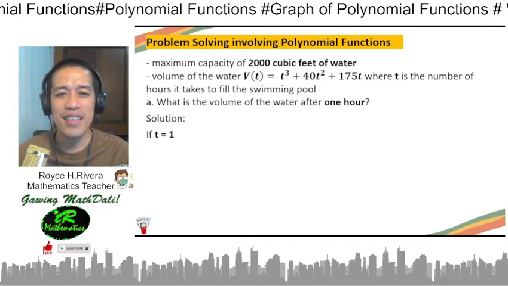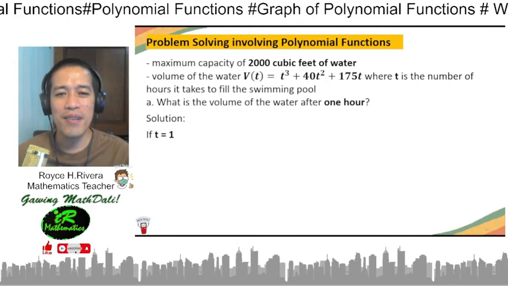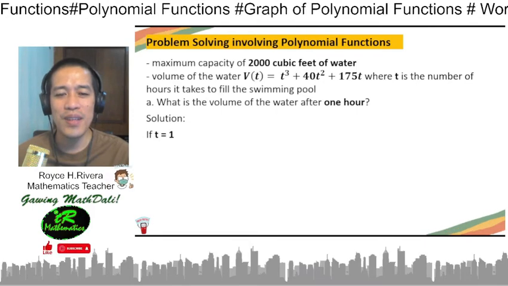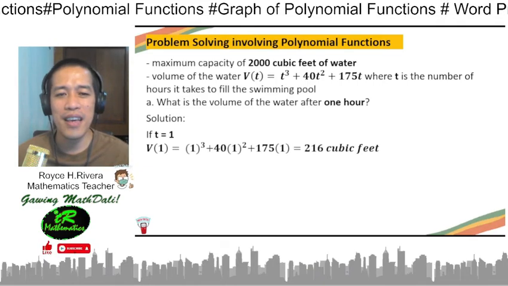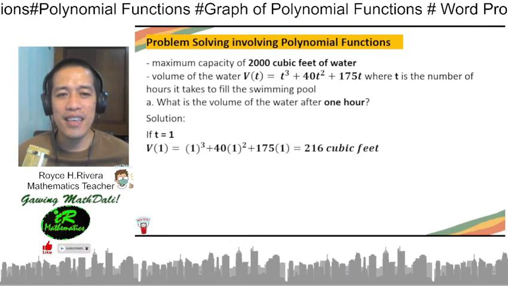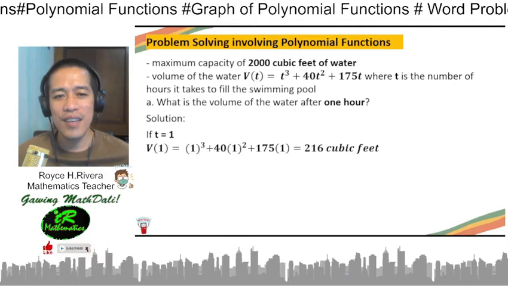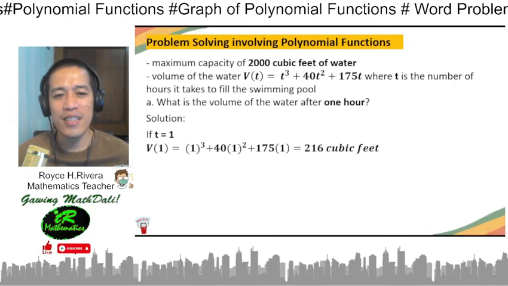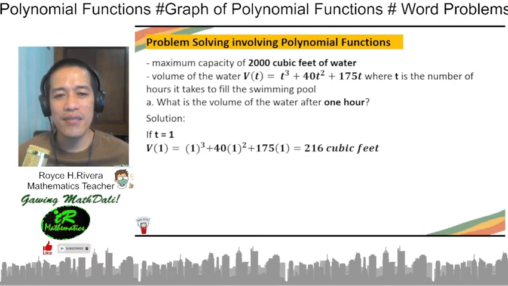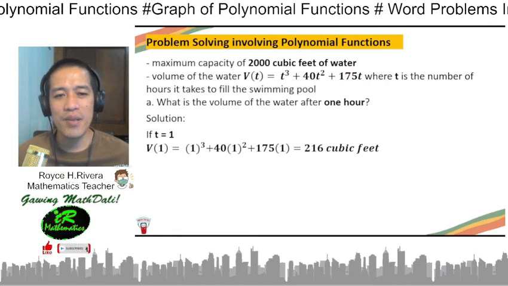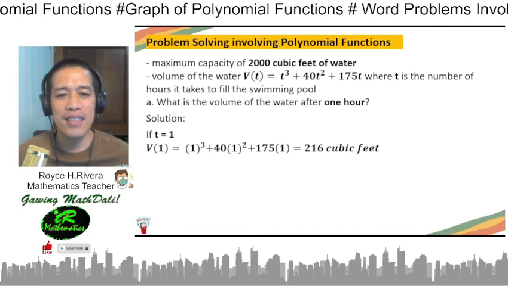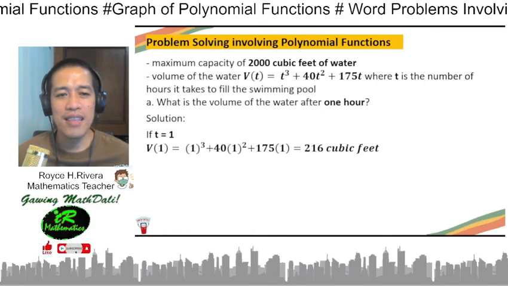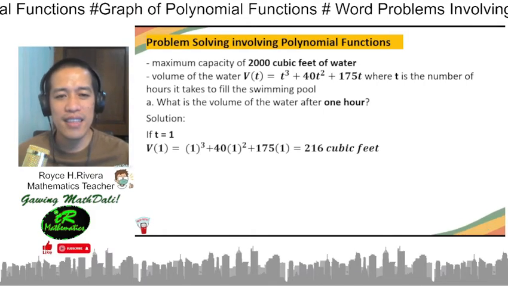So, if the number of hours t is equal to 1, then by substitution, we will be having v of 1 equals 1 raised to 3 plus 40 times the quantity 1 squared plus the product of 175 times 1.